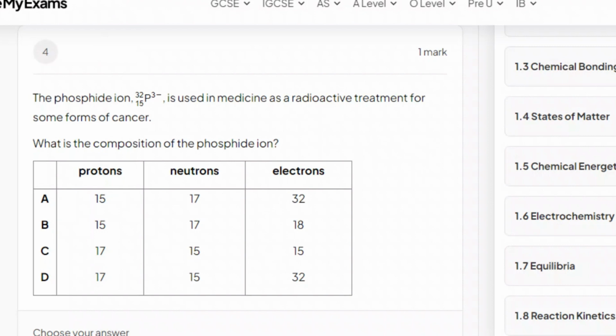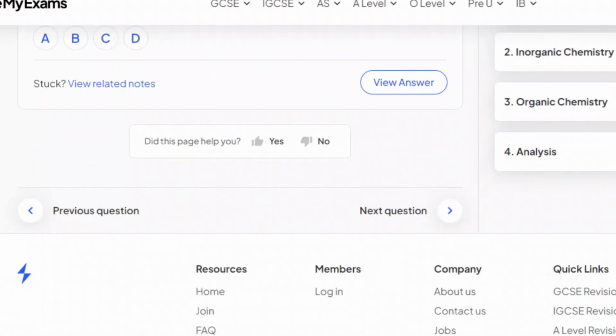So 18 for its number of electrons, and what's its number of neutrons going to be? Its number of neutrons is just 32 minus 15, which equals 17. So the correct answer would be B.